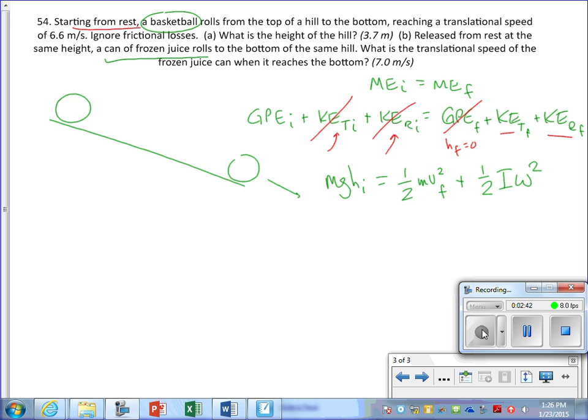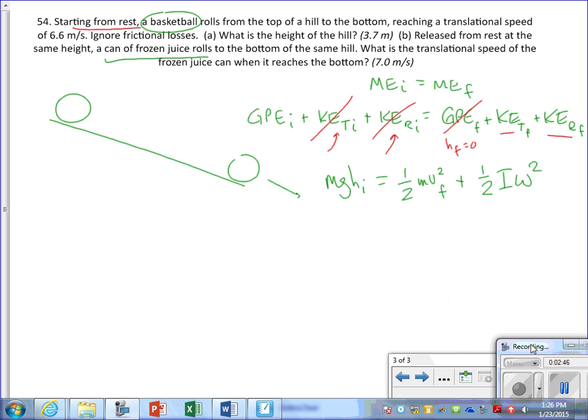Now I just had to pause to look up the moment of inertia of a hollow sphere: 2/3 mr squared. So here's what will happen.